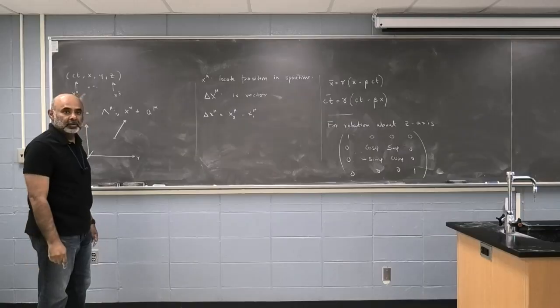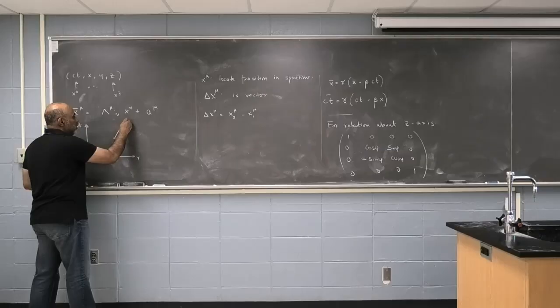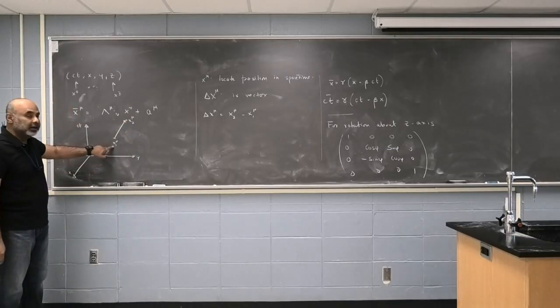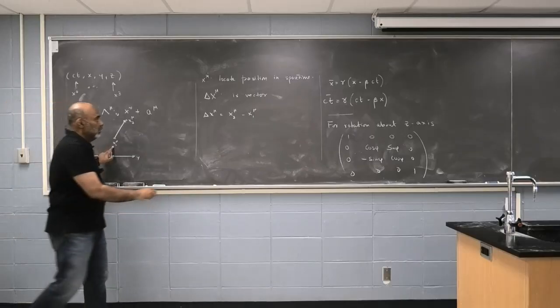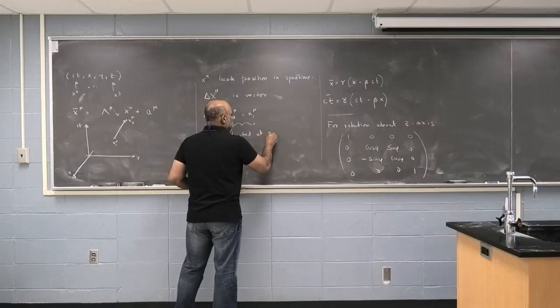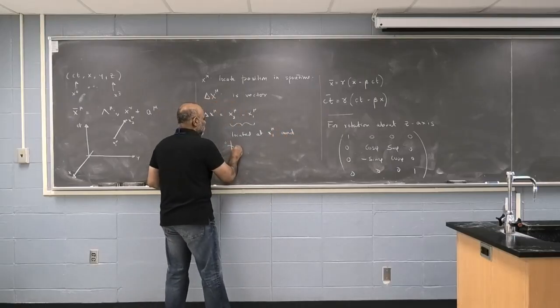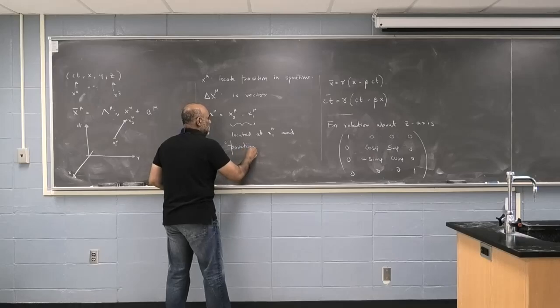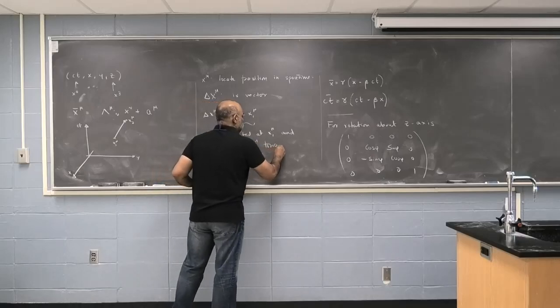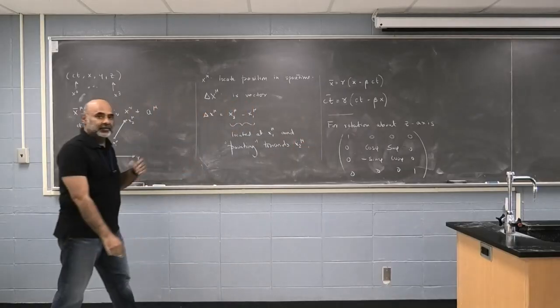So this could be x1 mu, and this could be x2 mu. It is a vector located at x1 mu, and if you will, pointing towards x2 mu. That is a vector.